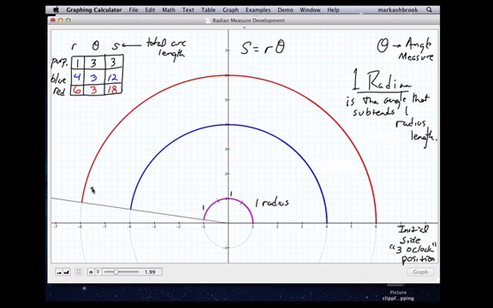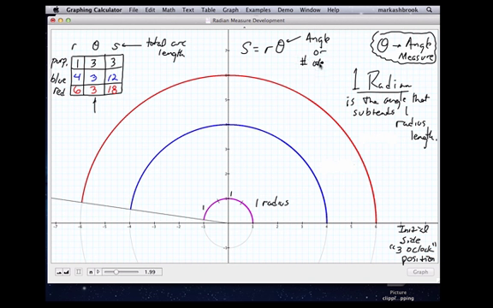Total arc length divided by radius. Radius lengths, right? So really the theta is referring to an angle measure, but we get that angle measure from the number of radius lengths.